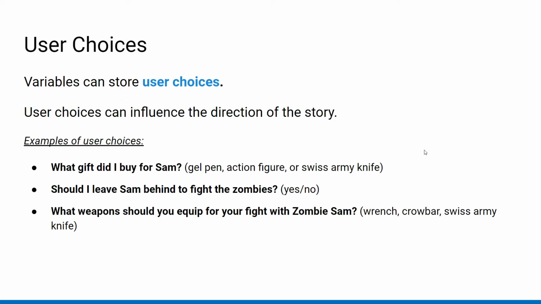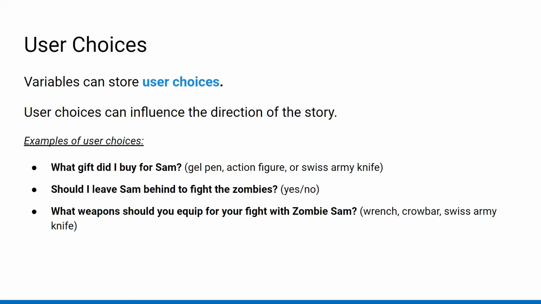A couple examples of user choices in a game. If you're doing some sort of dating sim, you might have a user choice like, what gift did I buy for a certain character, like Sam? Another user choice is, should I leave Sam behind to fight the zombies?